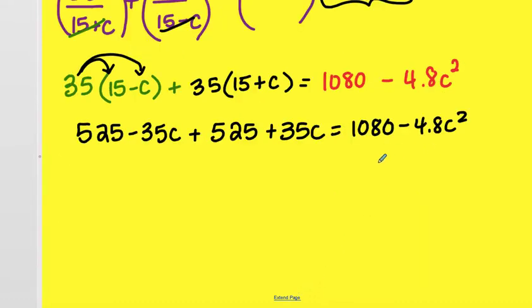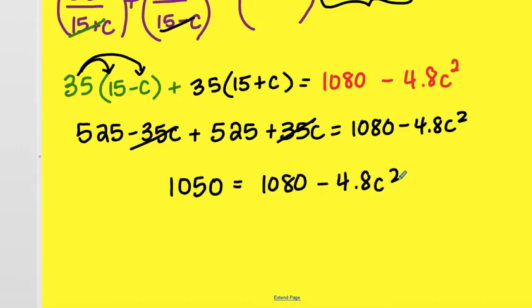Oh, this is actually looking pretty nice. The 35C's cancel. Then I have 525 times 2, which is 1050, equals 1080 minus 4.8C squared. Still looking pretty nice. There's no middle term. It's quadratic, but there's no middle term, so this is where I can use that handy-dandy square root method.